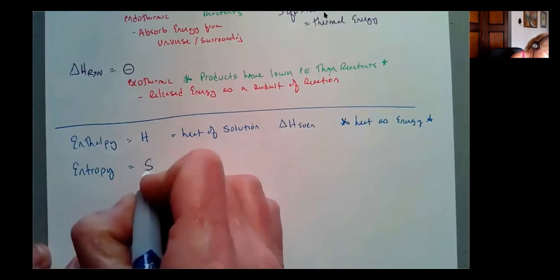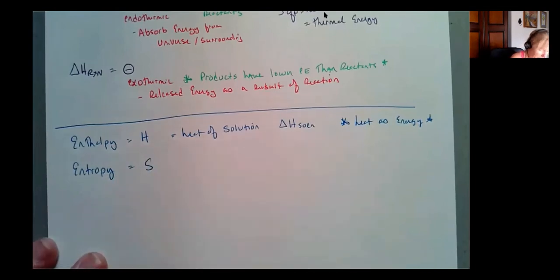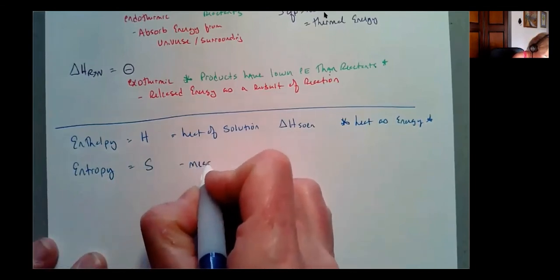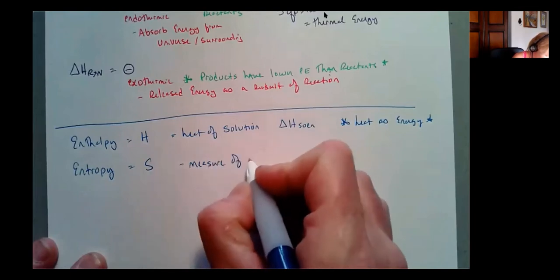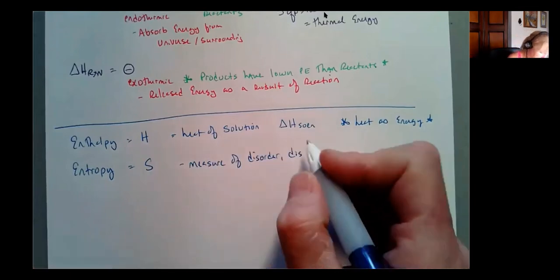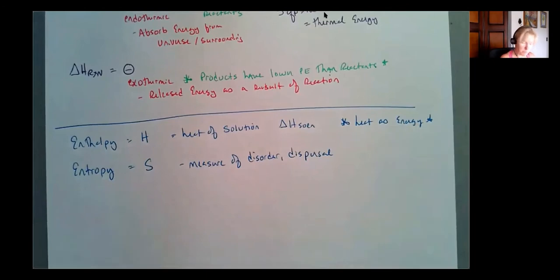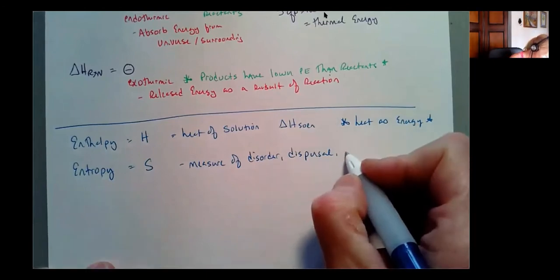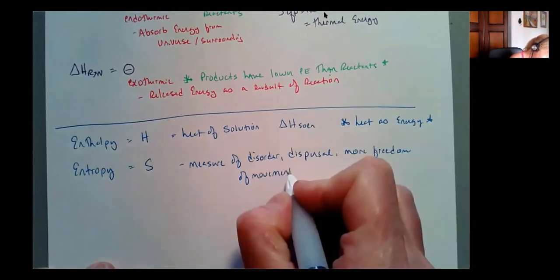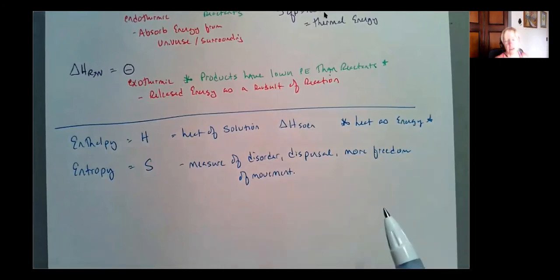And entropy is S. Entropy is a measure, it's not heat, a measure of disorder, dispersal. So if I allow things to disperse, more movement, more freedom of movement, all that is entropy. And by forming a solution, think about a solid.